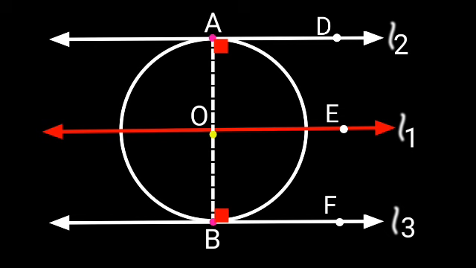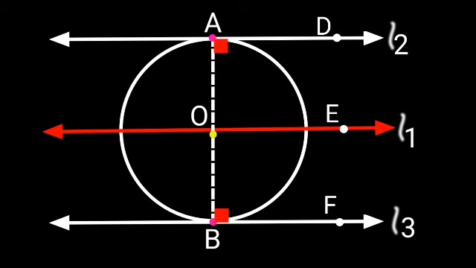In this figure, we construct one line parallel to L2, that is L1. If L1 and L2 are parallel, then we have been given that L2 and L3 are also parallel.